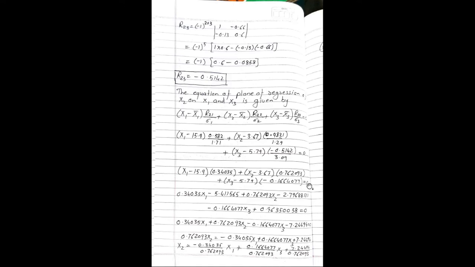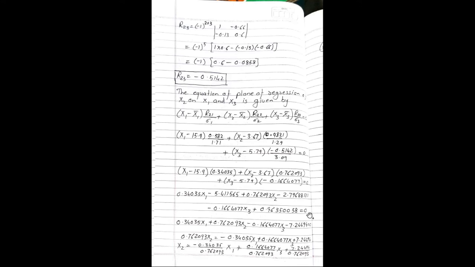Now open the brackets. The equation can be written as 0.34035x1 minus 5.411565 plus 0.762093x2 minus 2.7968831 minus 0.1664077x3 plus 0.96350058 is equal to 0.